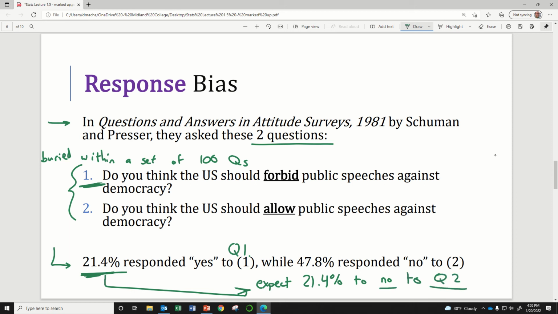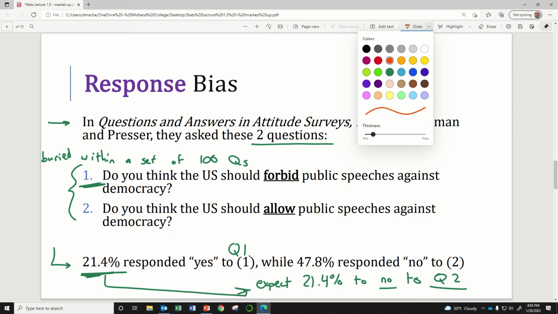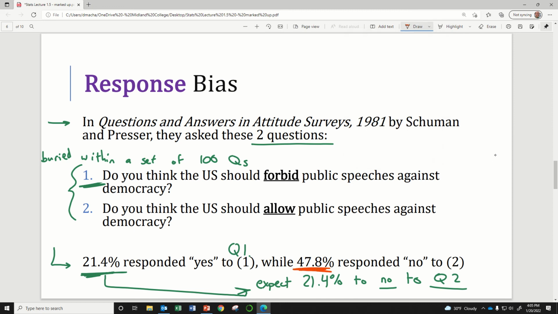But you can see what I wrote here. Actually, for question 2, we found that 47.8% responded no. So that actually contradicts our expectation. Let me just repeat that one more time. If you answered yes to question number 1, you think the U.S. should forbid public speeches, then basically for question 2, you do not think the U.S. should allow those same public speeches.